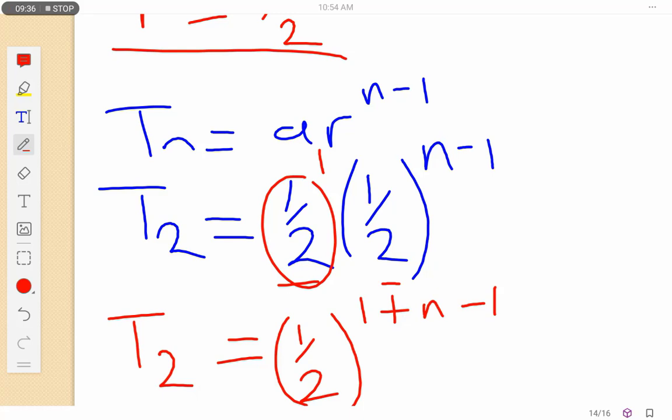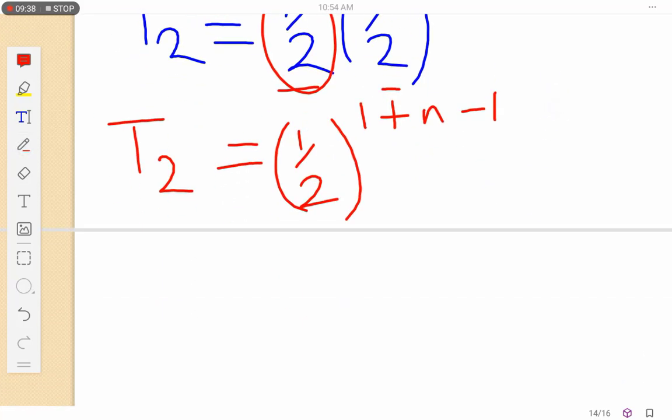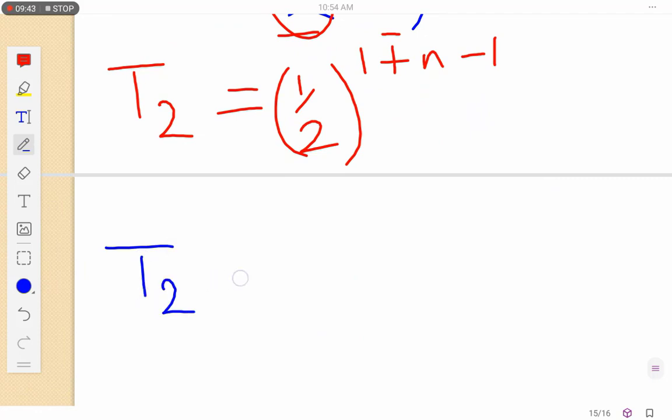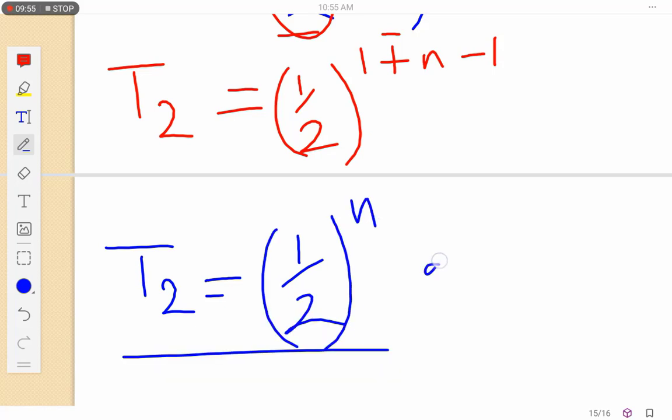At the end of the day, 1 plus n minus 1, we have n. So it's becoming 1/2 to the power of n. So this is the general formula.